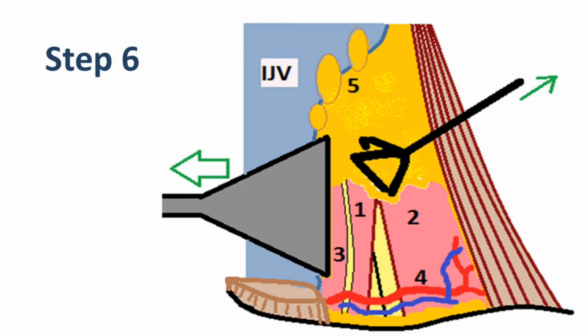Number 3 shows the phrenic nerve which runs deep to the fascia overlying the anterior scalenus muscle. And number 4 shows the transverse cervical vessels. Note, we have not shown the supraclavicular nerves in this slide.